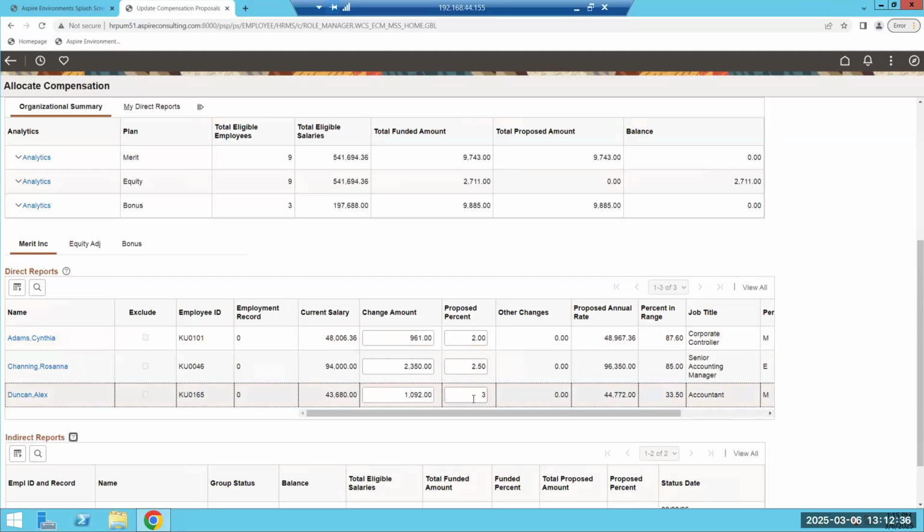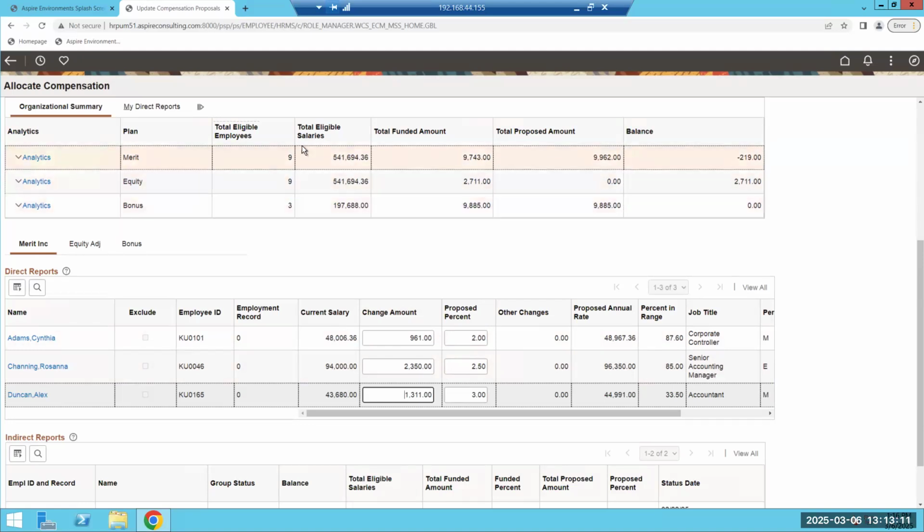Then I can see that it calculates that and updates my totals, and we can now see, hey, because of that, we're a little over budget, and maybe that's okay, or maybe we need to figure out where we're going to trim to bring ourselves back in line with the budget.